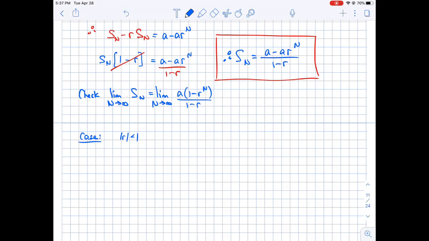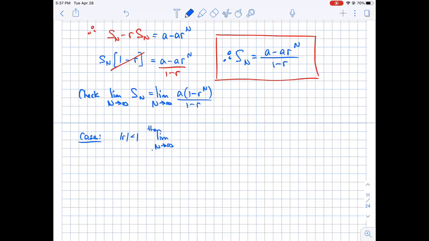So here, if I notice that I'm doing the limit as capital N goes to infinity, you will see that only this one term in the limit depends on the value of capital N. So all that we are interested in now is what happens to that one term as capital N goes to infinity.